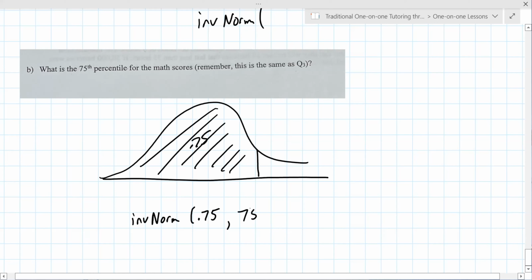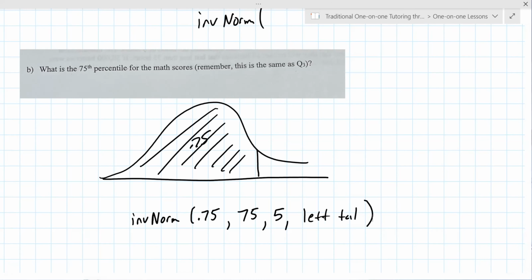Your mean is 75. Your standard deviation is 5, and it's still left tail, however you select that on yours. So why don't you give that a try? I'm going to do it using a different calculator that I like, and we'll compare numbers here. Okay.